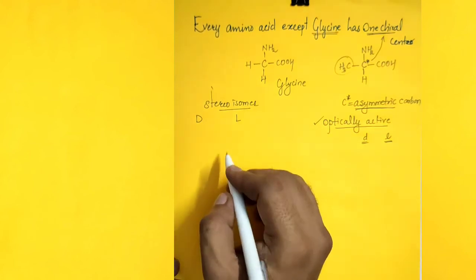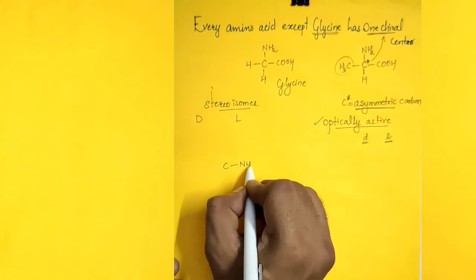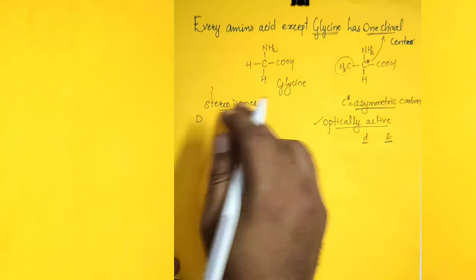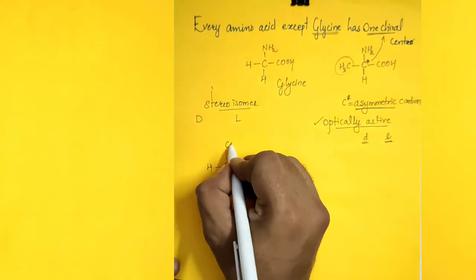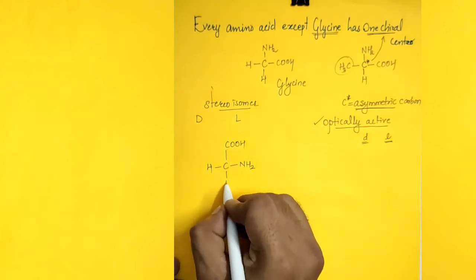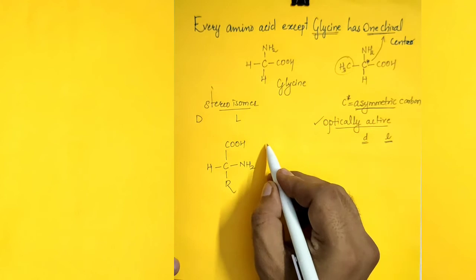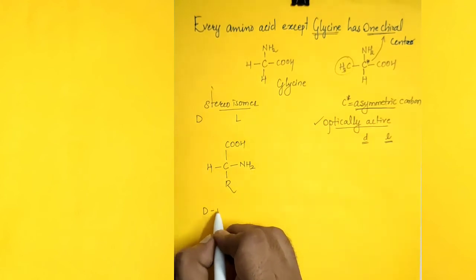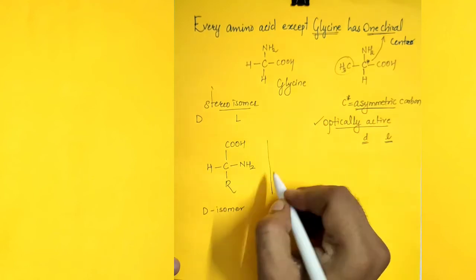So how is it? Pay attention. We have the carbon atom with the NH2 group, and to see the DL configuration we look at NH2 and hydrogen atom, COOH and the R group. If NH2 is on the right hand side, it is said to be a D isomer, or D compound.